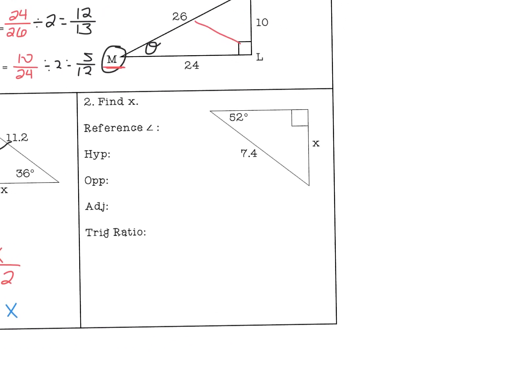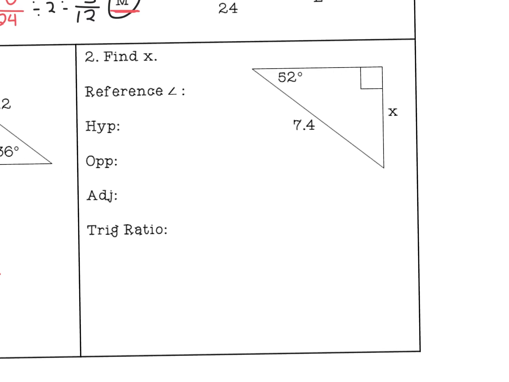We want to find x, which is a side length. What is our reference angle? Or what angle do they give us? 52. Now working down, what's the hypotenuse? Remember, across from that right angle, 7.4. Opposite, some of us got these flipped around. Remember opposite, we're going across the triangle.